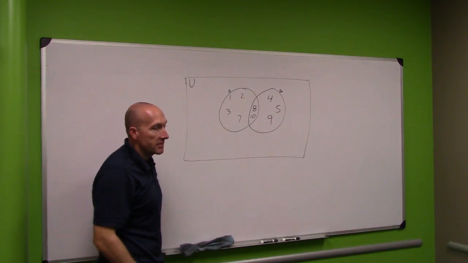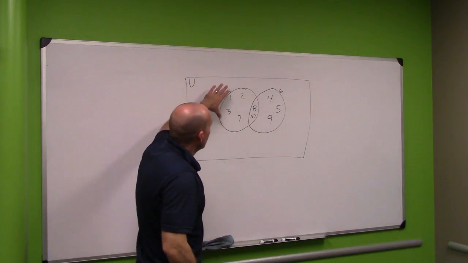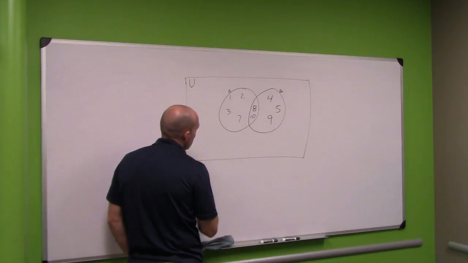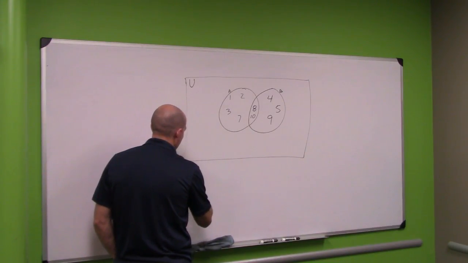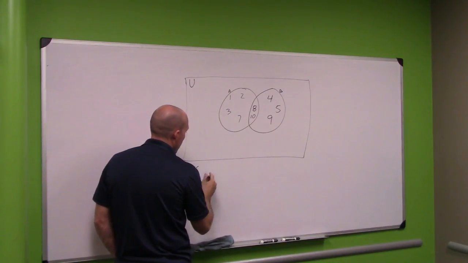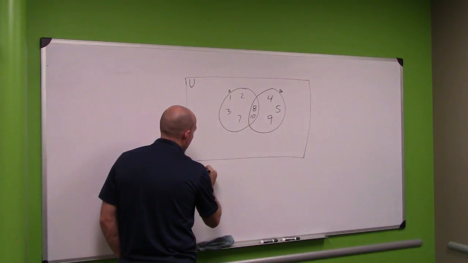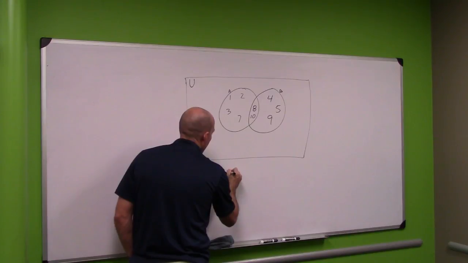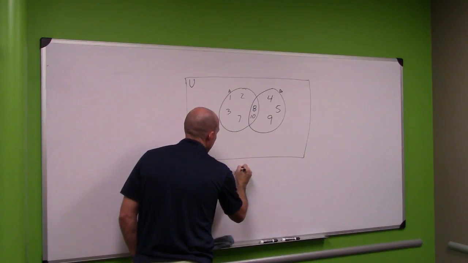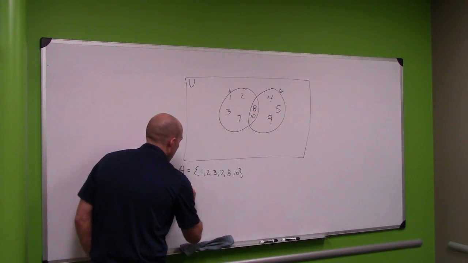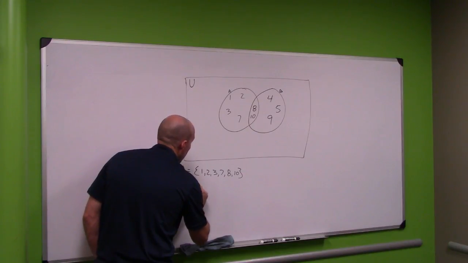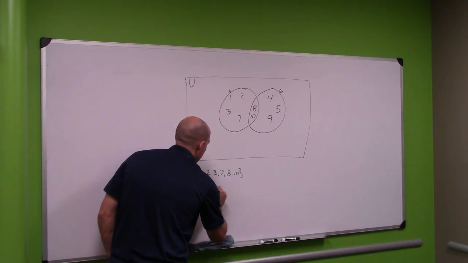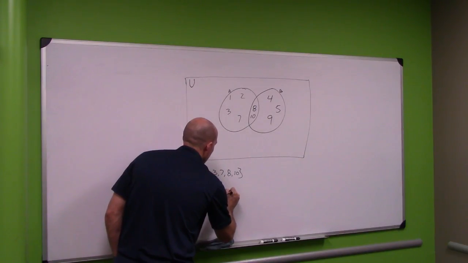Now what this means is the elements of A are going to be 1, 2, 3, 7, 8, and 10. The elements of B are going to be 4, 5, 8, 9, and 10.